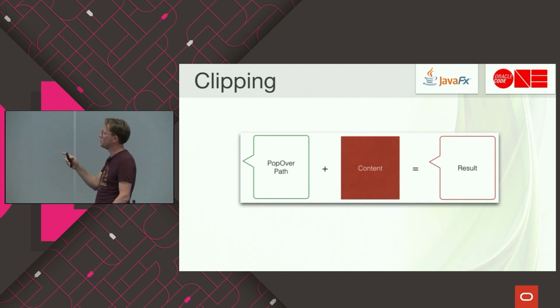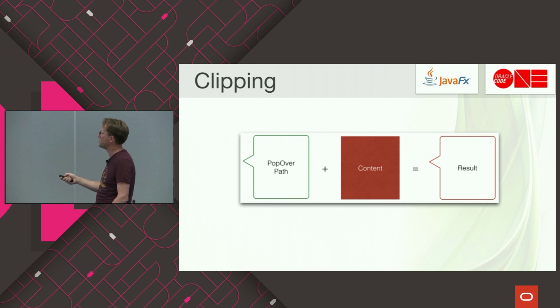And the solution was to come up with a clip that uses a path object, okay? So if you set a path like this on a content that's rectangle like that, then the result is what you see on the right-hand side. But the problem was that the clip would cut out everything in the center of this rectangle also.